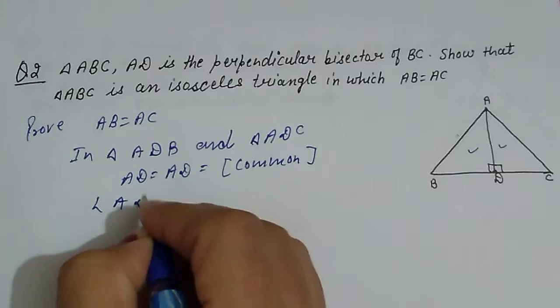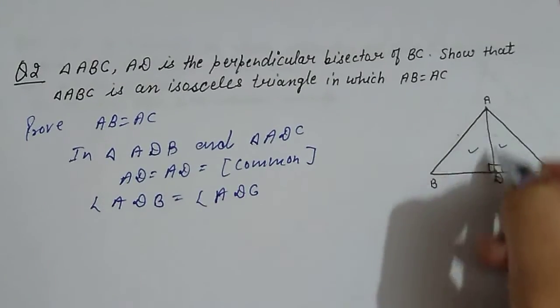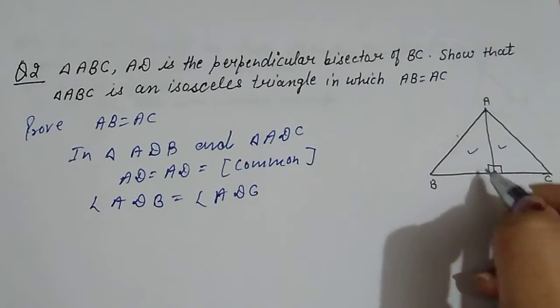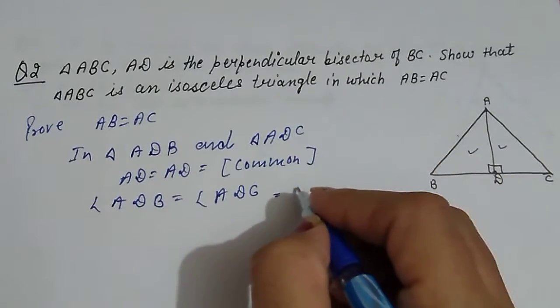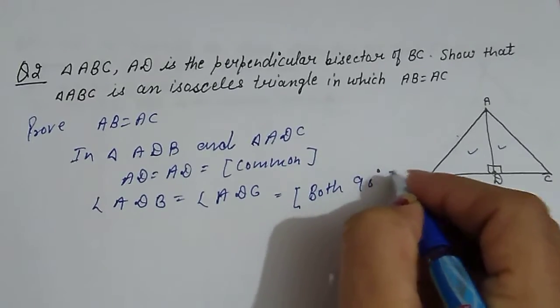Angle ADB is equal to angle ADC, because both are 90 degrees.